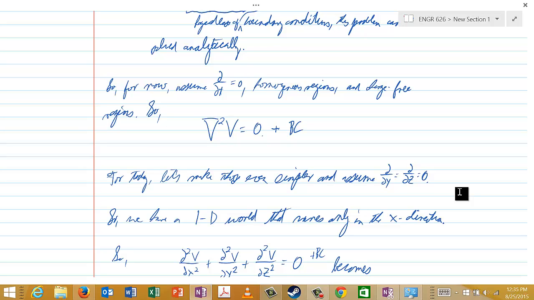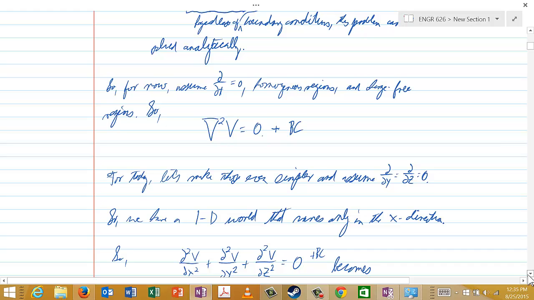So we're going to assume, only for the moment, that v does not vary in either the y or the z direction. It can only vary in the x direction. Since v is only varying in one direction, this is referred to as a 1D, or one-dimensional, world that varies only in the x direction.